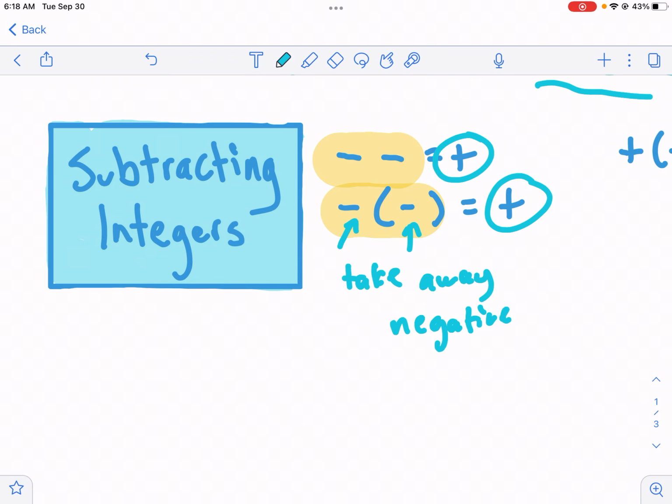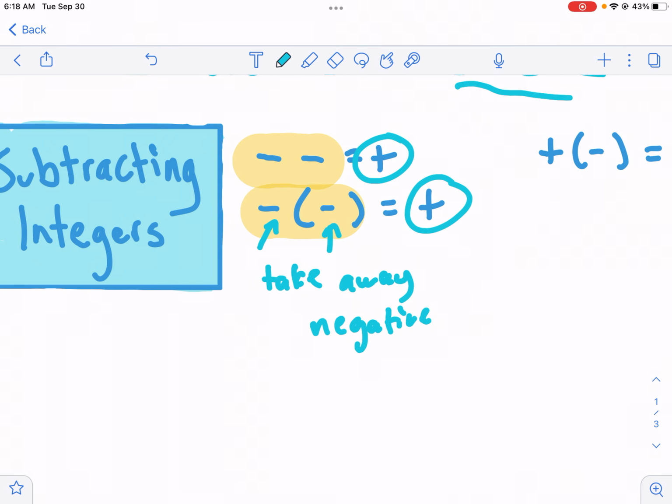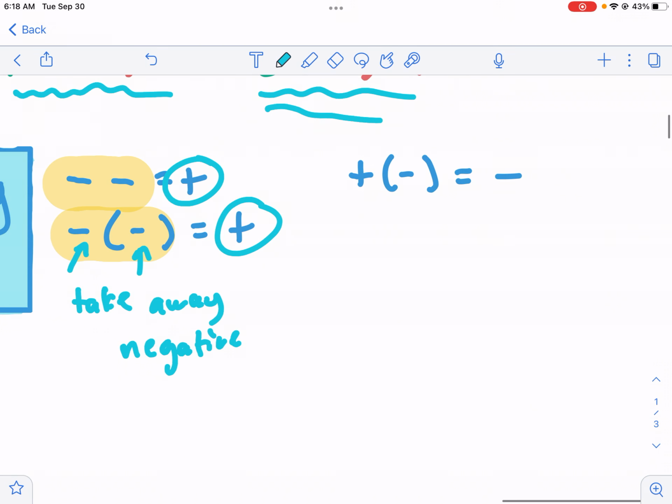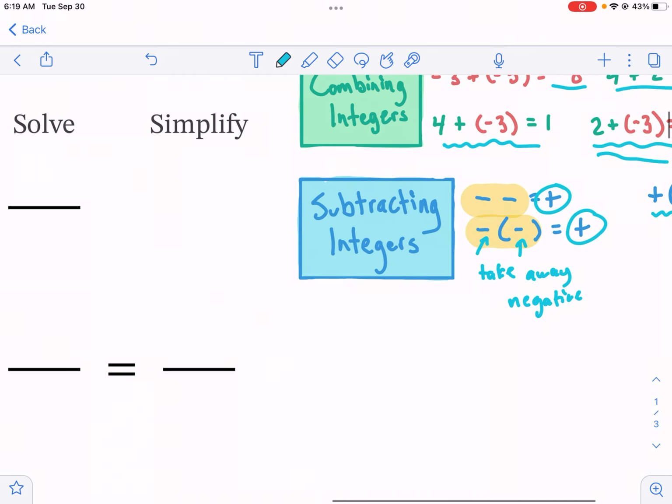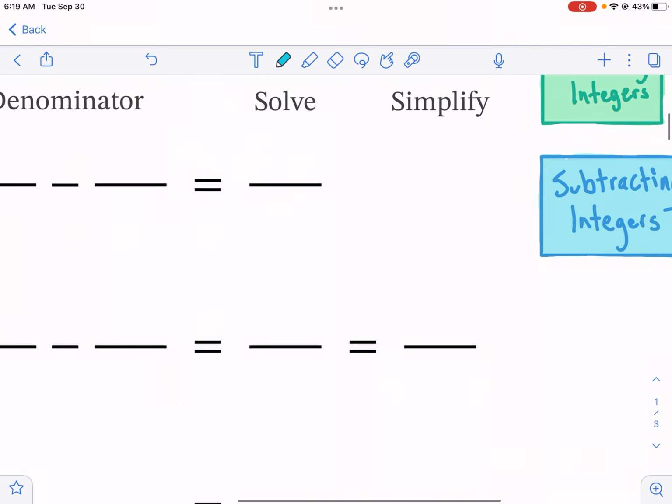So anytime you see those negative signs next to each other like that, think about that's going to be plus instead. And really, the last thing I want to say is if you see minus, it's really the same thing as adding a negative. So if you check out my adding a negative fraction video, you'll see that it's pretty much the same thing, okay? So those are just a prelude to what we need to do right here.